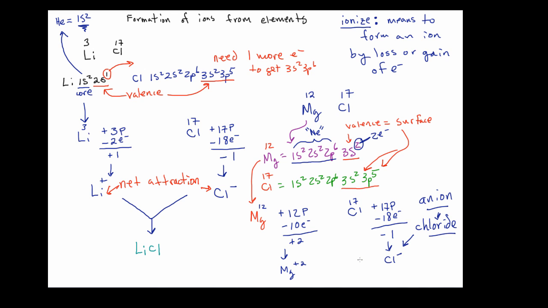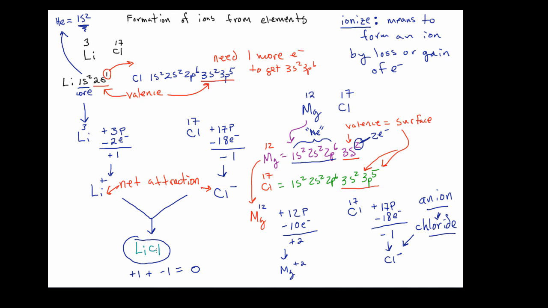Now, if you can't see this, then I want you to think about another rule of thumb. All ionic compounds have charges that must sum to 0. So in other words, if we go back to this compound here and we add the charge on the lithium plus the charge on the Cl, the sum total is 0.